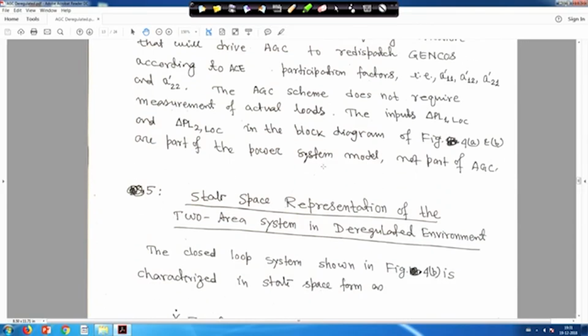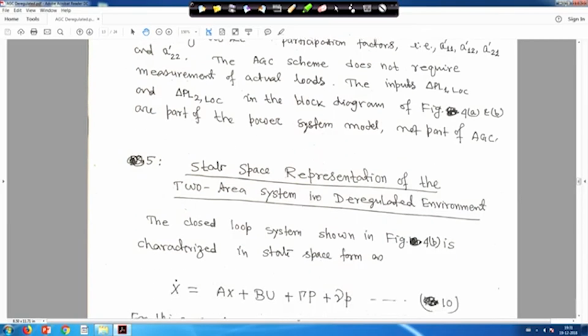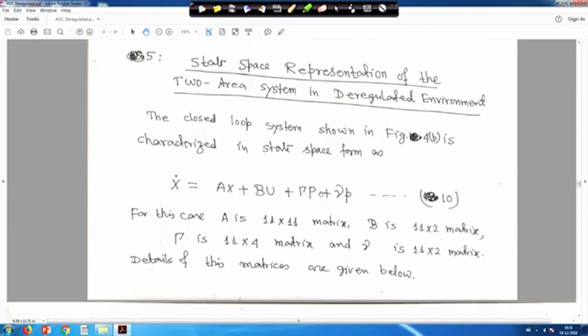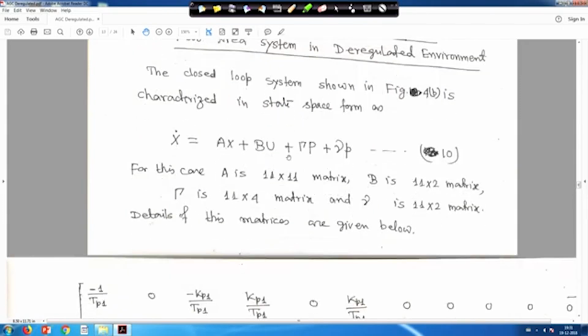Next is the state space representation of the two area system in a deregulated environment, right. For the closed loop system, you write all the state variable equations, your x1 dot, x2 dot, everything. If you write, it will be Ax plus Bu plus this gamma into capital P plus this gamma into small p. This is equation 10. So, here I am not writing all the equations x1 dot, x2 dot, it is understandable to you, right.